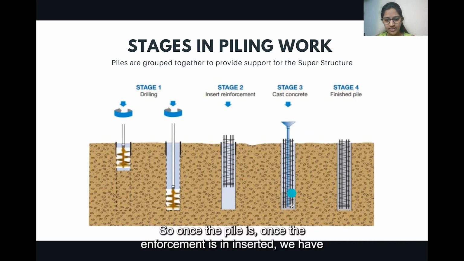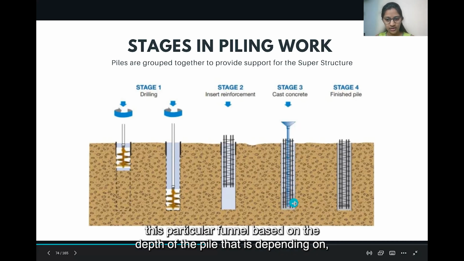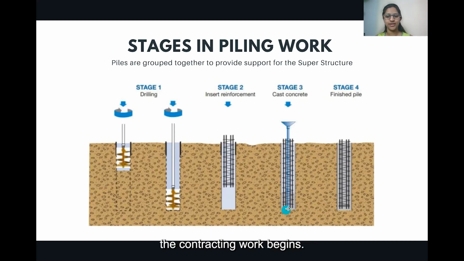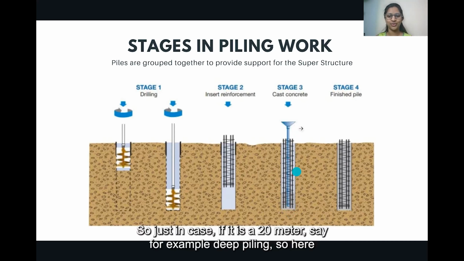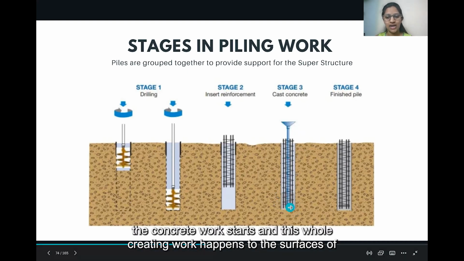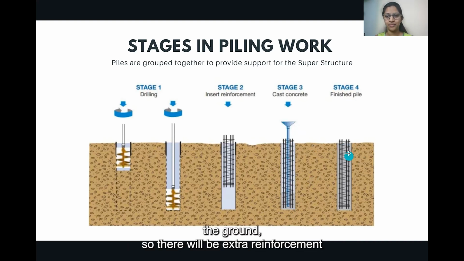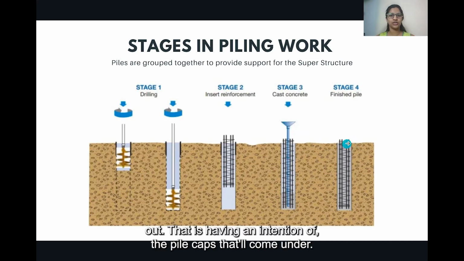Once the reinforcement is inserted, we have this funnel, and based on the depth of the pile, the concreting work begins. Just in case it is, say for example, a 20-meter deep pile, the concrete work starts from the bottom, and this whole concreting work happens till the surface of the ground. There will be extra reinforcements that pop out, intended for the pile caps that will come on top.